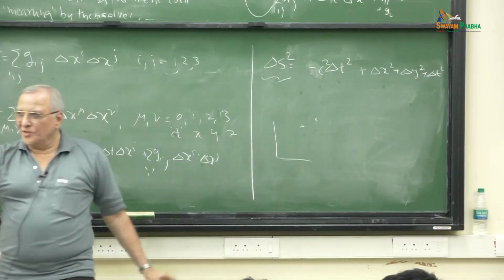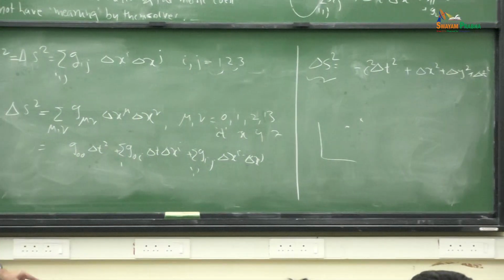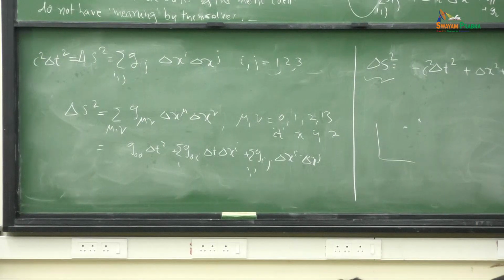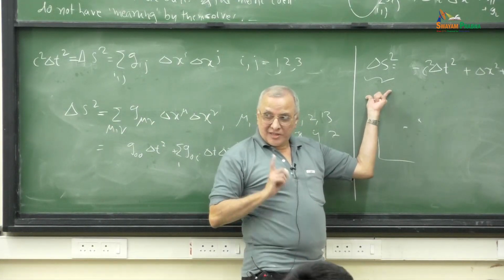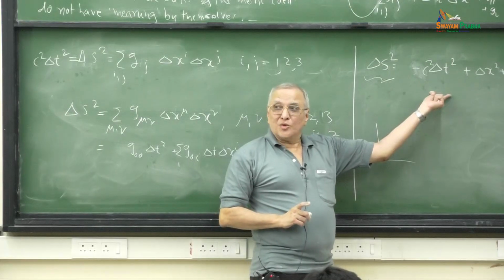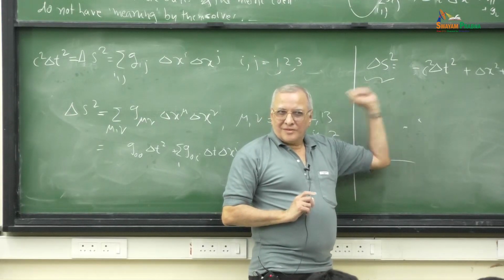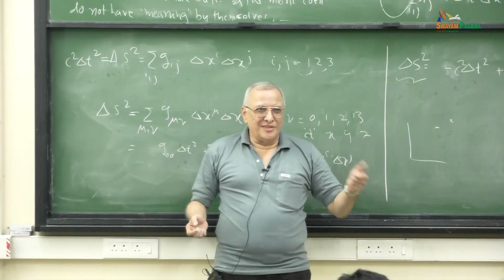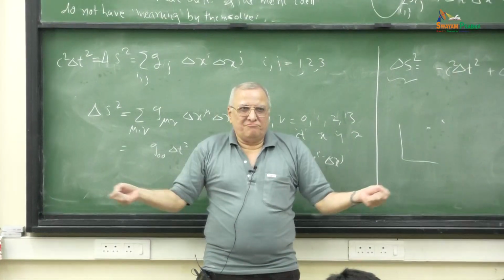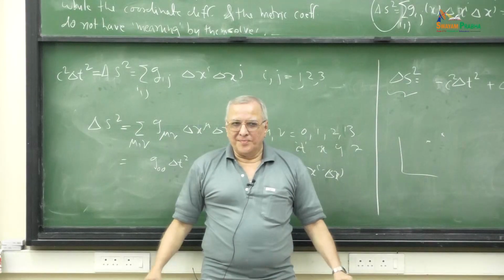What was your question again? Yes, sir. Now that we have included time into the equation for delta s, how do we know it still represents physical distance? Right. This is not the same distance, but it will be distance again, provided delta t is 0. If I have two events which are simultaneous, t1 and t2 the same, then this delta s square will reduce to that.